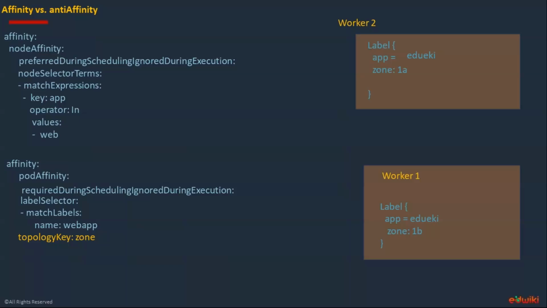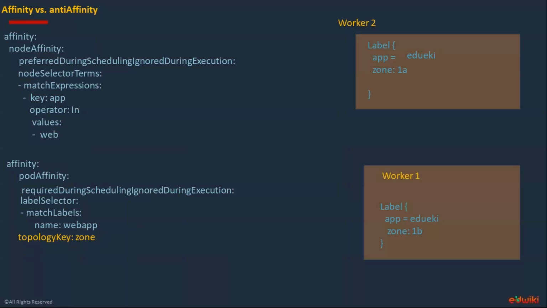Let's say in this case, as an example, whatever you see on the screen, if I apply this pod affinity, what do you think, guys? Your pod will be deployed in which worker node, based on this current situation? It won't be deployed in any worker node.